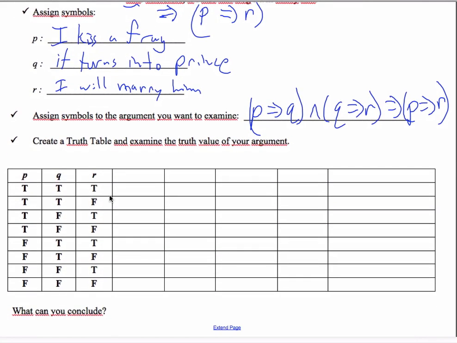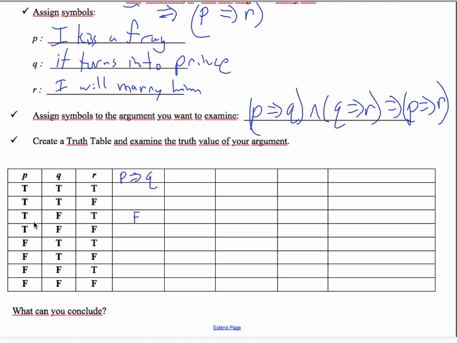Okay, so we have the truth table here for P, Q, and R, and we have 8 different possibilities. We're going to have to work out three things, and then figure out the entire thing. Let's do P implies Q first. That's only false if P is true and Q is false. Let's look for that one.